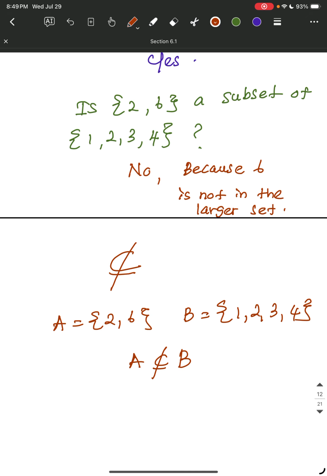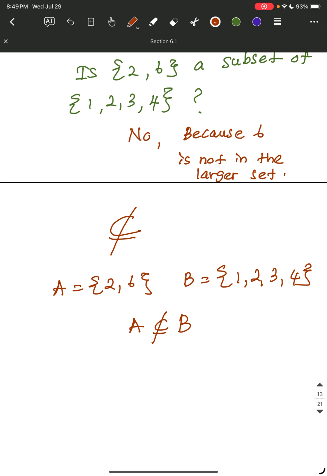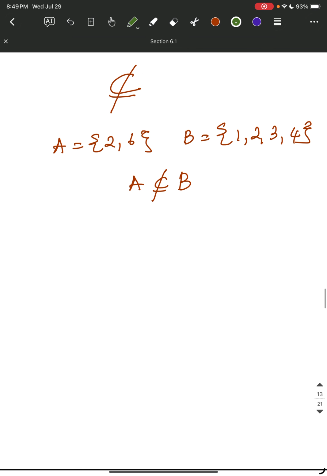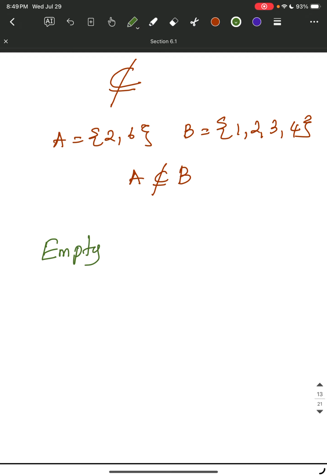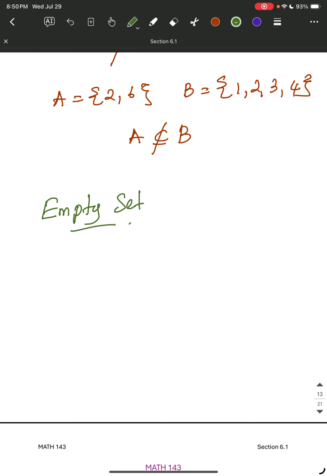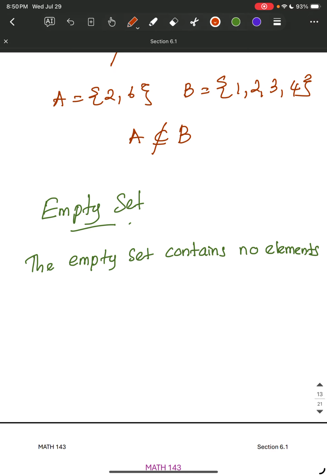Okay, now we want to know the two special sets. The first one is the empty set. The empty set contains no elements. The word empty means there are no elements. Symbol: we use this.